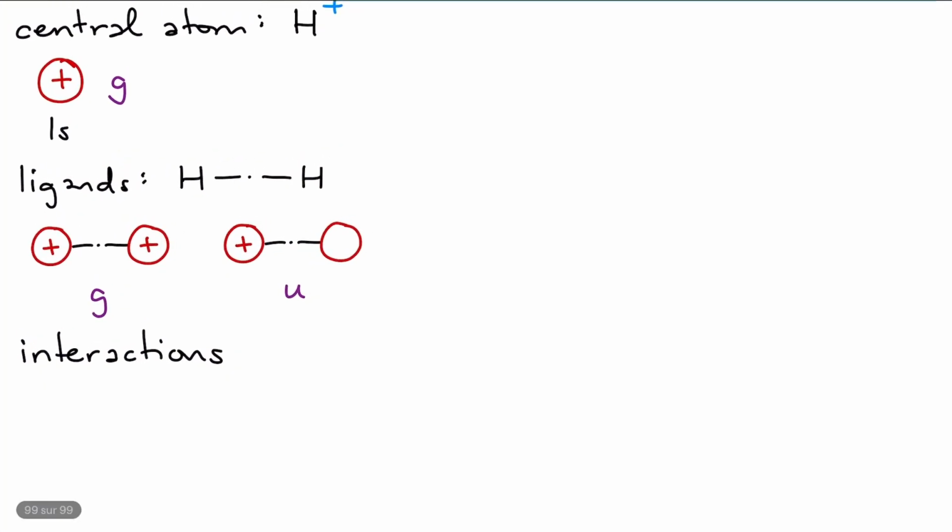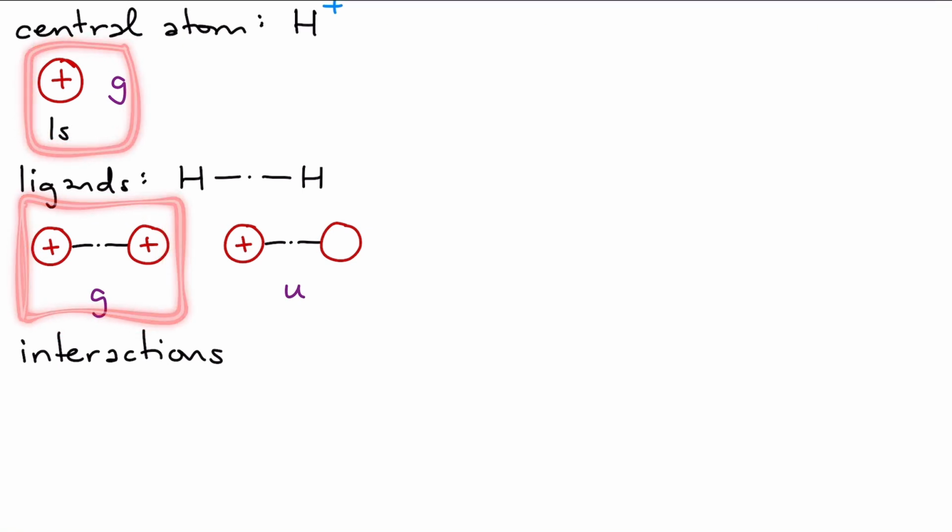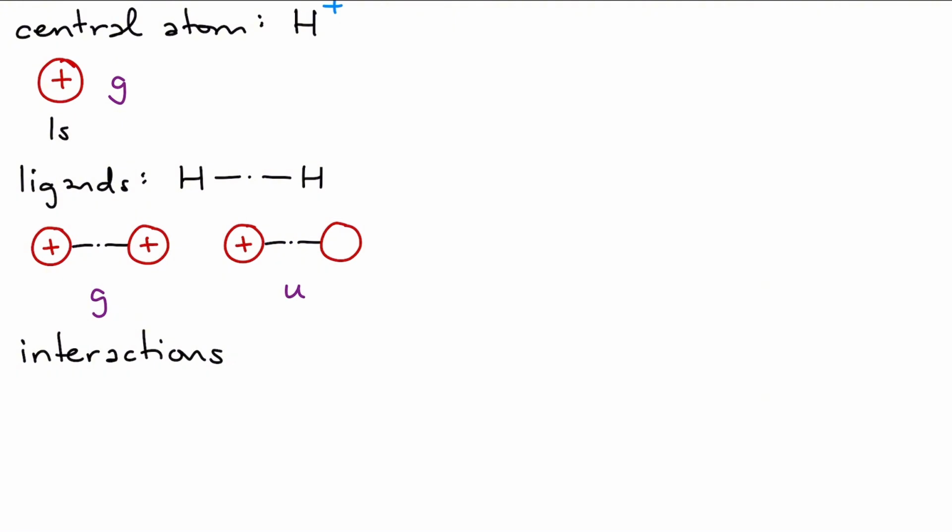Now, an easy way to tell which orbitals interact is that same symmetries interact. As you can see, the gerade and the gerade will interact, or you can just draw it out to see which symmetry interacts. Let's say I didn't use the gerade or ungerade names for each orbital.